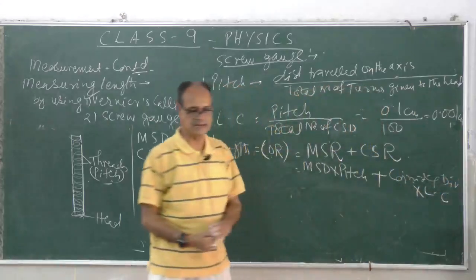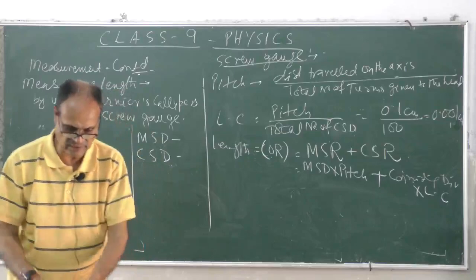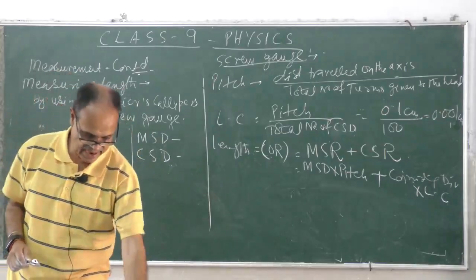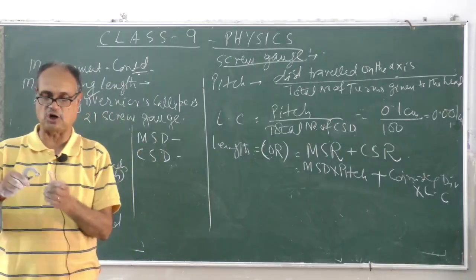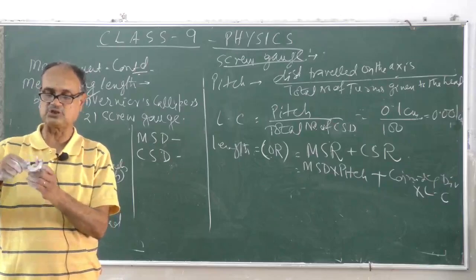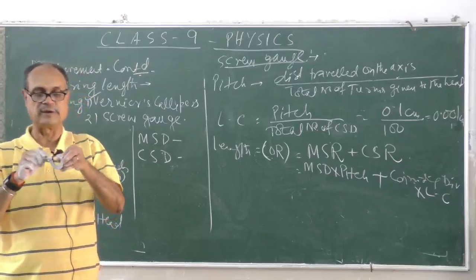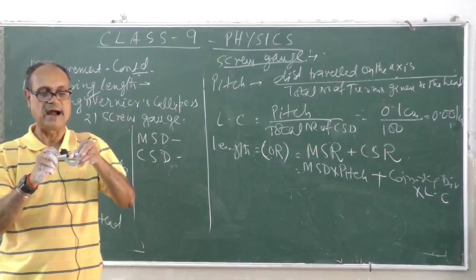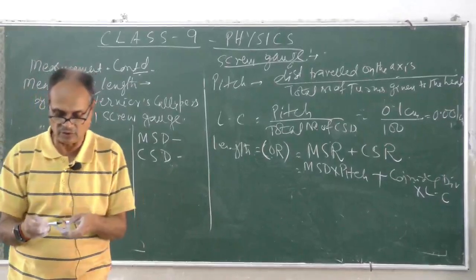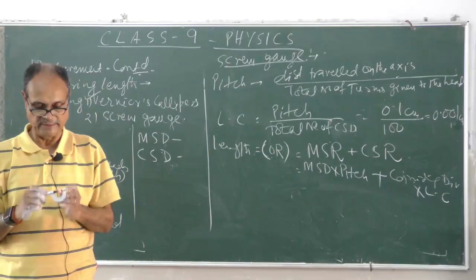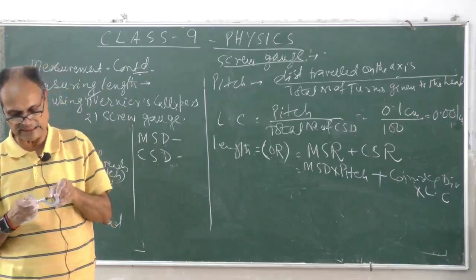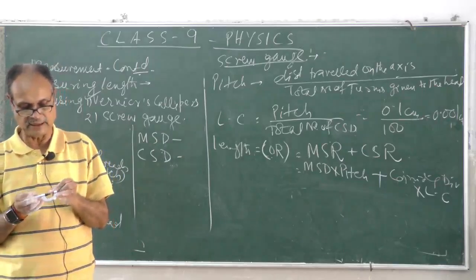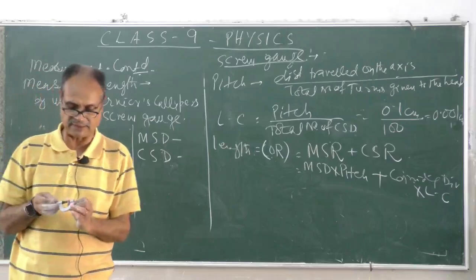Then what is the coinciding division? At times when you are measuring a distance, say I am measuring the diameter of this chalk piece. As it is measured here, I have just closed it and found how many divisions it is opening on the main scale, in millimeter form.